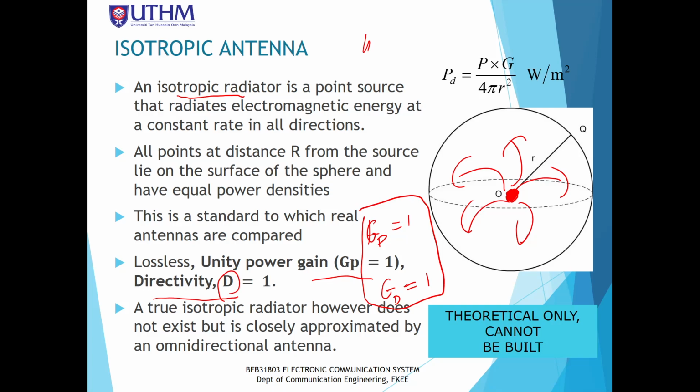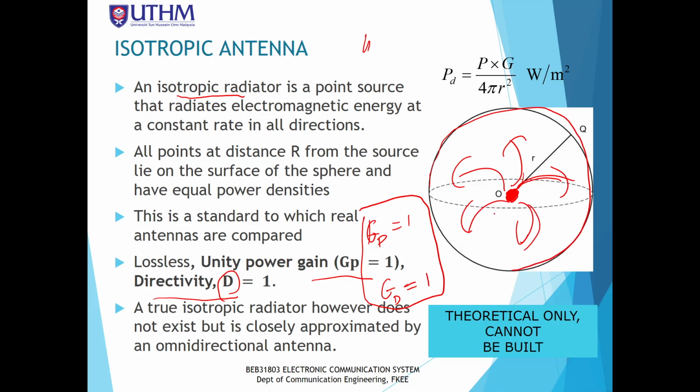Salah satu sifatnya yang pertama adalah dia akan memancarkan gelombang elektromagnet dalam semua arah. The radiation pattern shows a spherical pattern. Bentuk radiationnya adalah bentuk spherical. Be careful, this sphere is not the antenna.